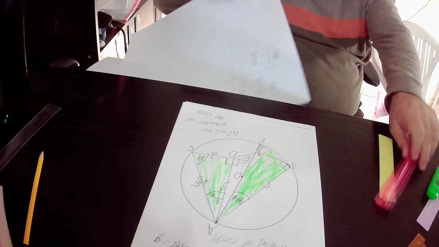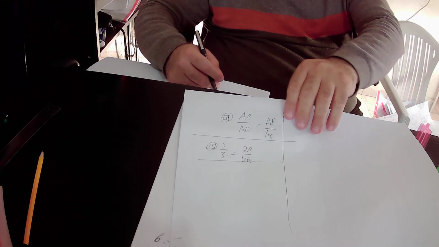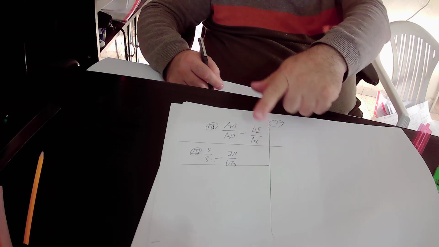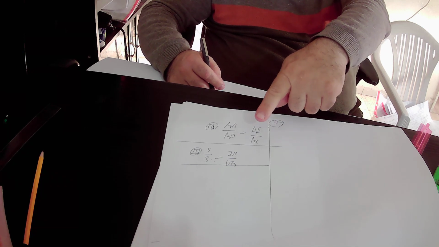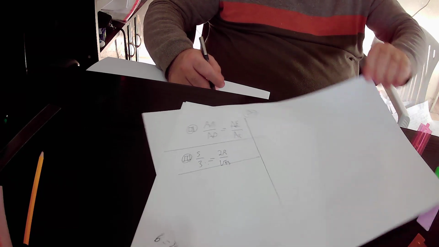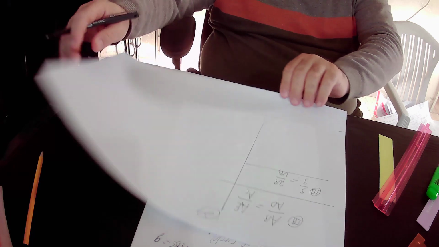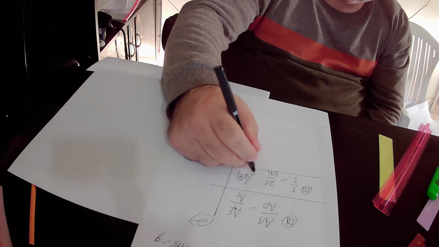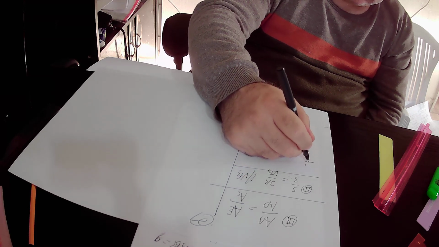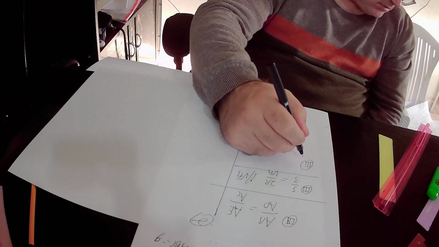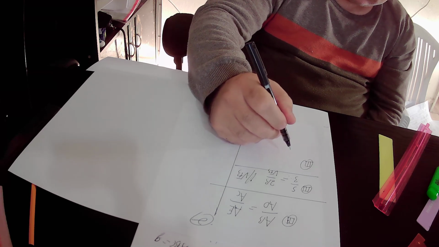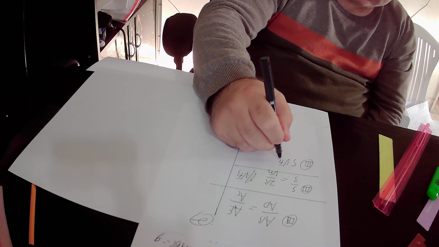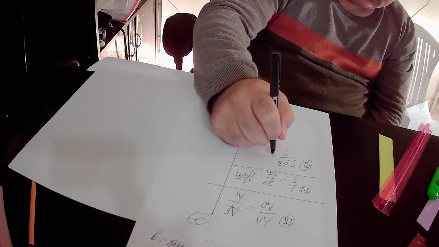So in conclusion, we found that according to equation number 3, 5 over 3 equals 2R over square root of 14 units. Here we will multiply this equation by square root of 14 units. And we get that five times square root of 14 units over 3 equals 2R.